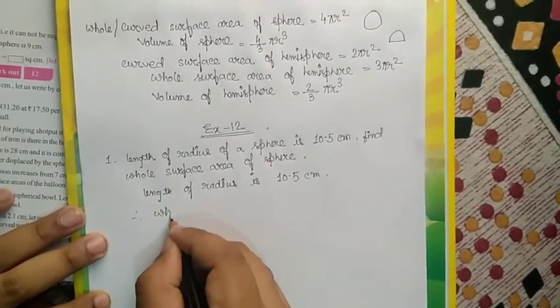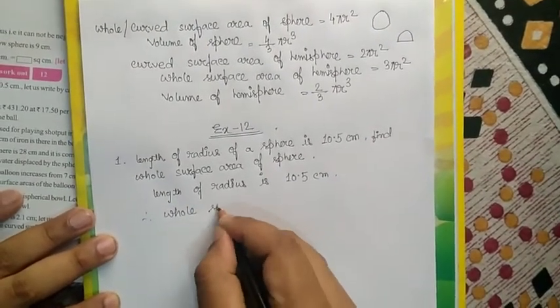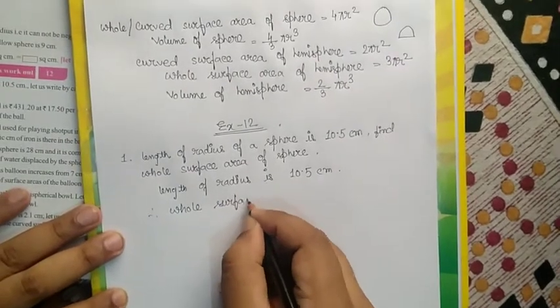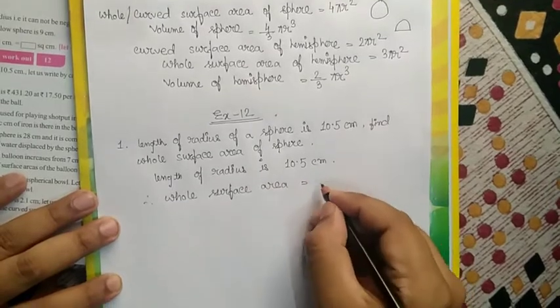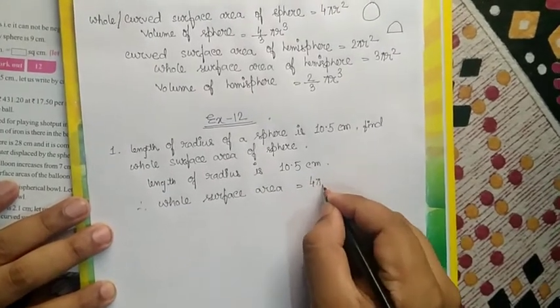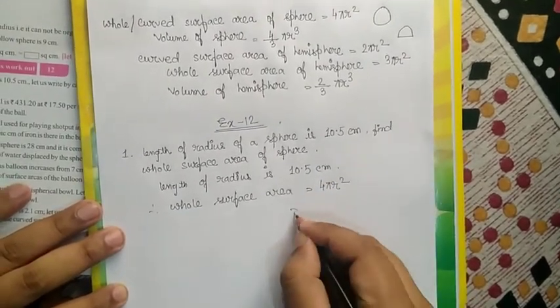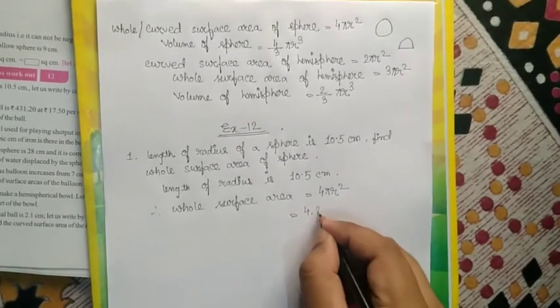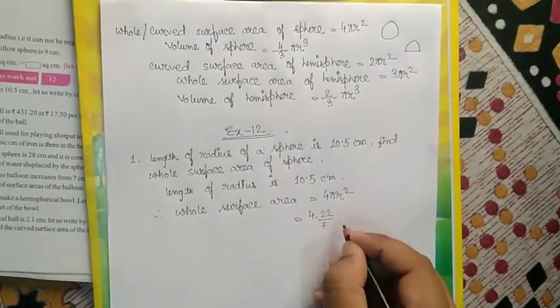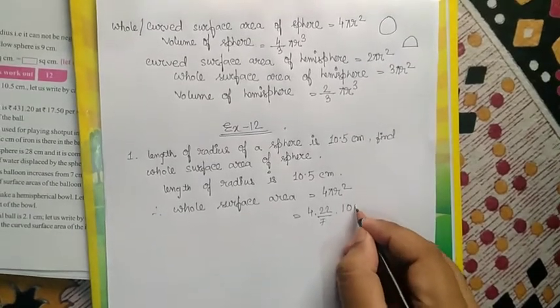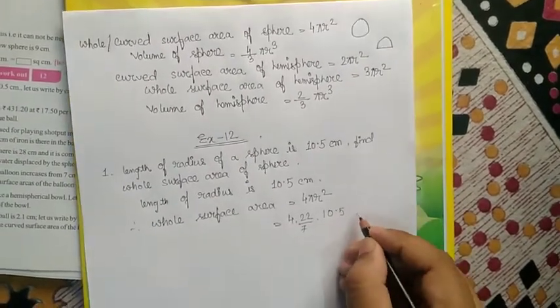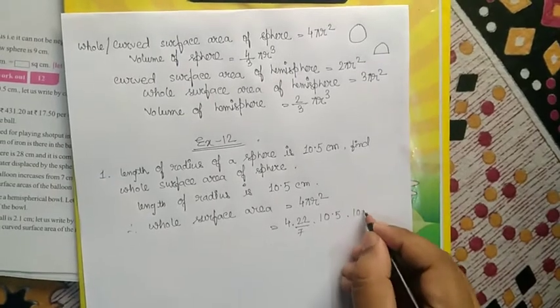Therefore, whole surface area equals 4 pi r square, equals 4 into 22 by 7, into 10.5 into 10.5.